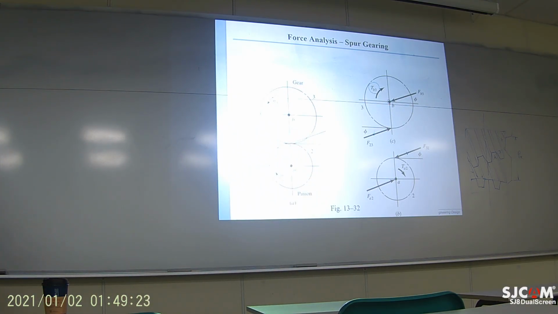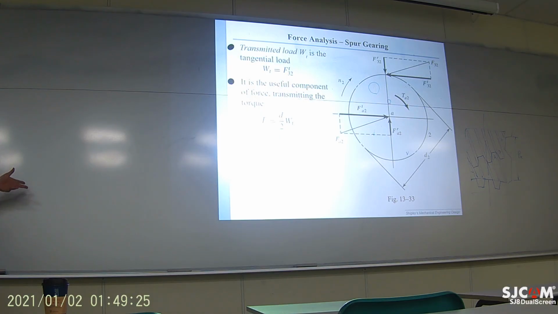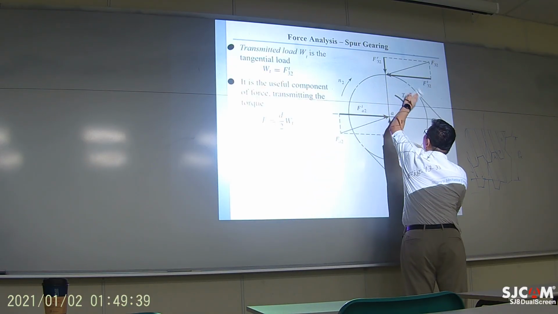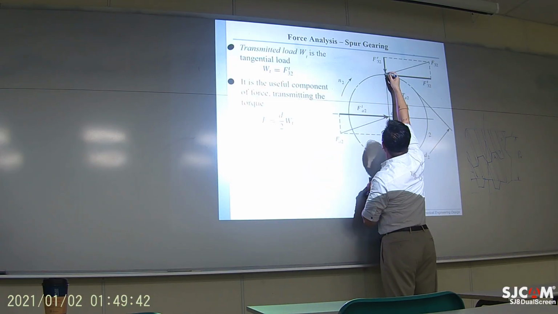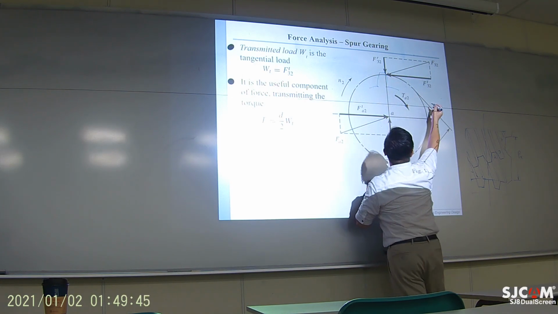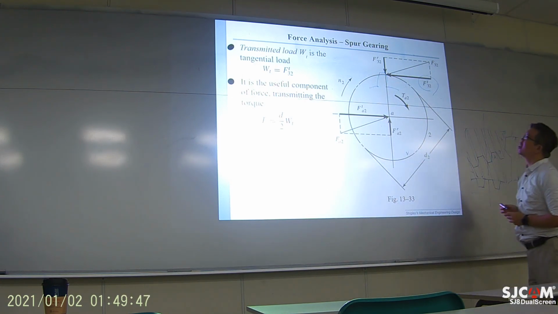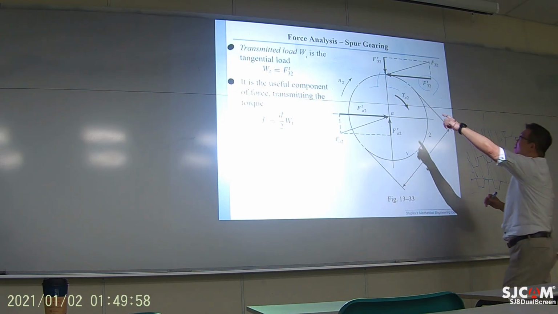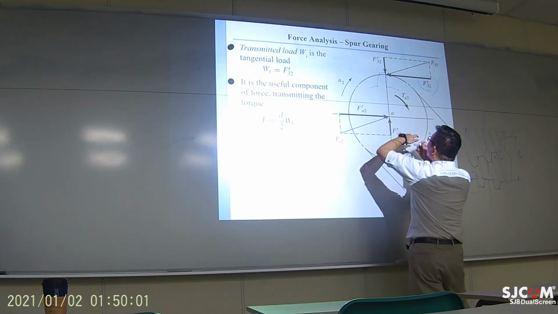So that's for spur. You can separate the angular force into two components: the vertical one and the horizontal one. The transverse component is more important for tooth design. So let's say there's a tooth. We care more about the transverse one when we are studying the failure condition for the tooth, because the vertical one is along the radial direction.